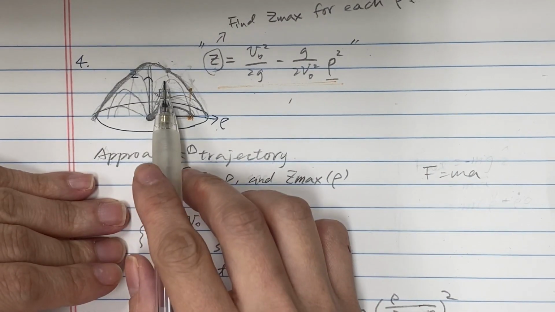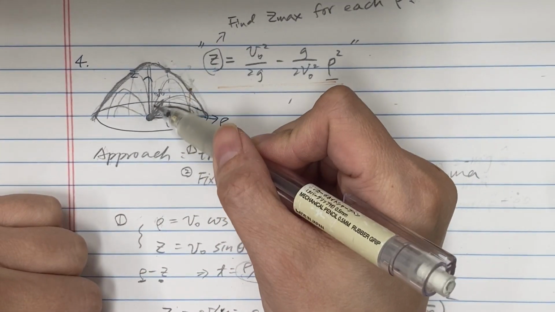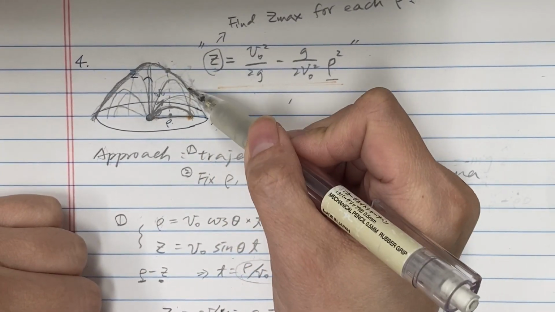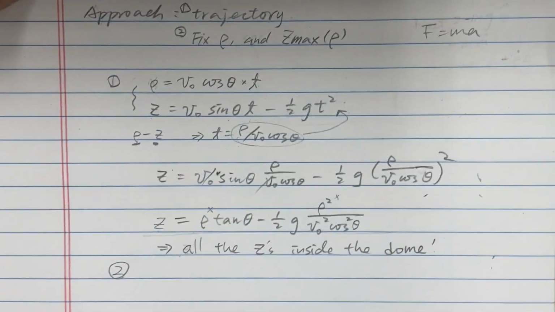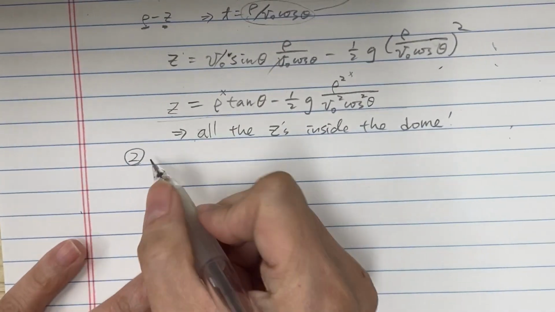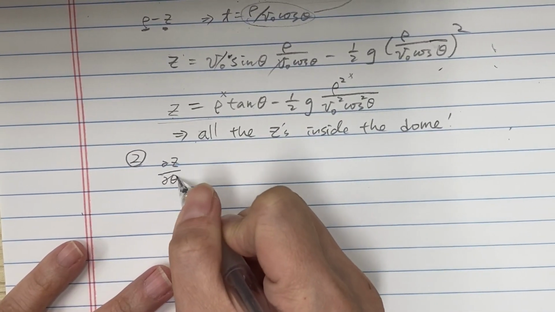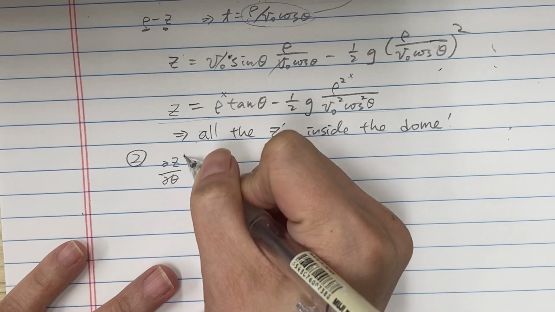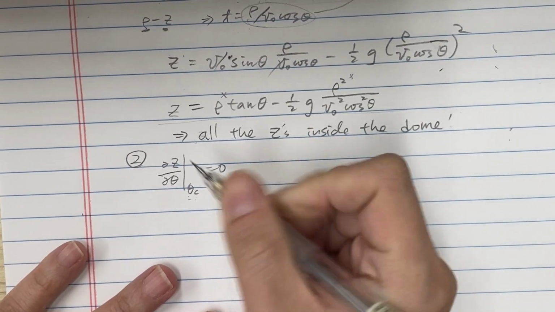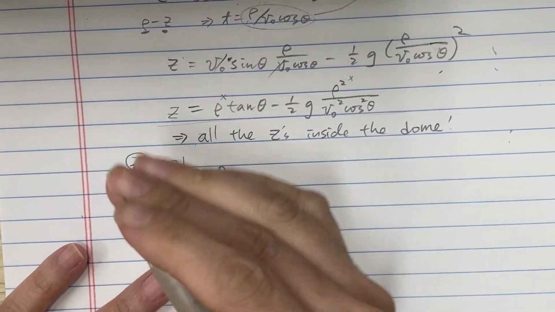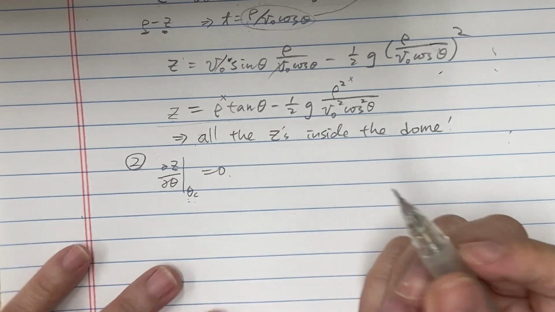So there must be a very nice sweet spot angle that will reach this maximum z. So I want to find that. I'm going to scan through all the angles and see which one will make this derivative 0, meaning I am hitting the maximum. This is the one that will maximize my z.